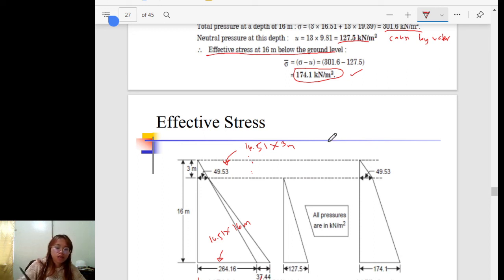The pore water pressure is 13 times 9.81.